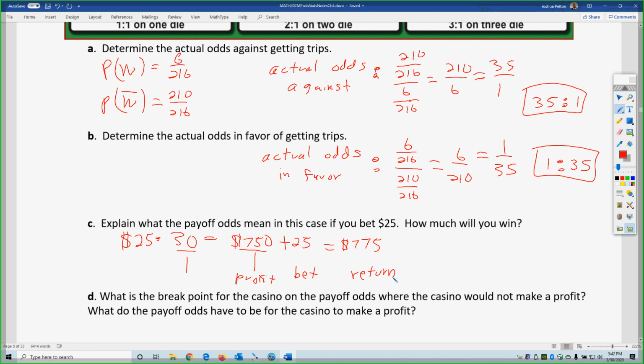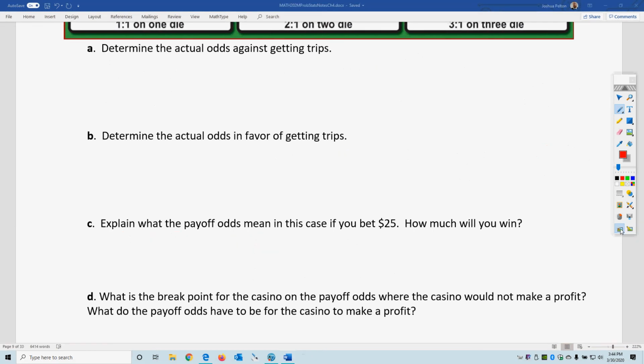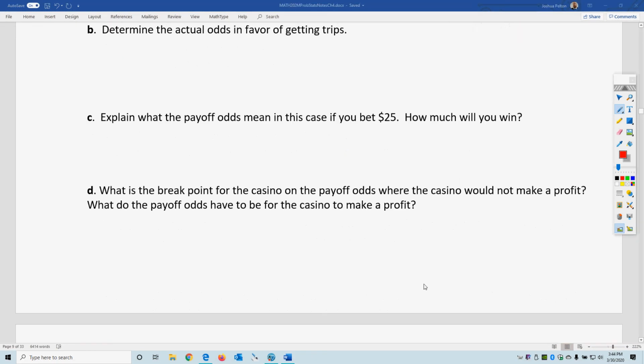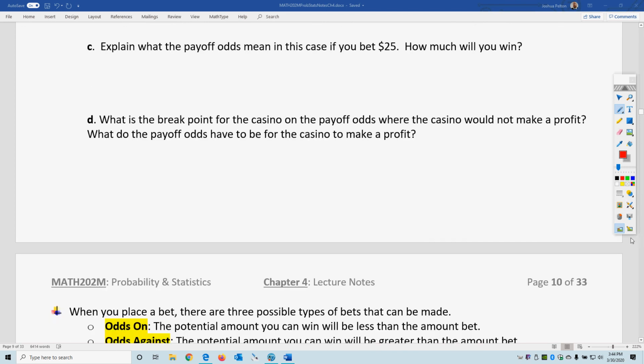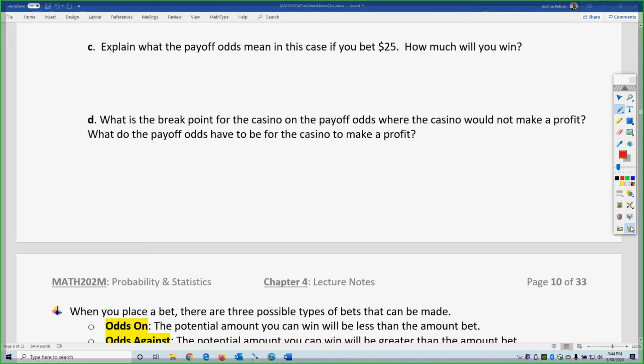So, as a casino operator, what are the odds up and down for winning and losing? Okay, well, we figured out that 35 to 1 was the break point. So you're either at 35 to 1, or below.